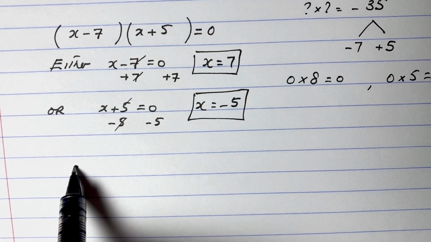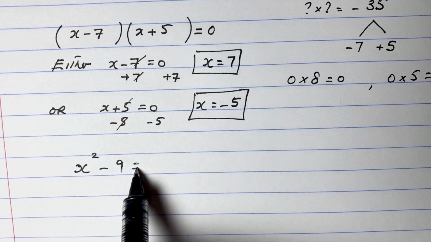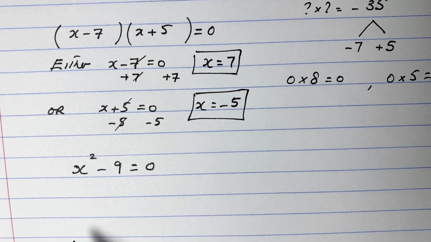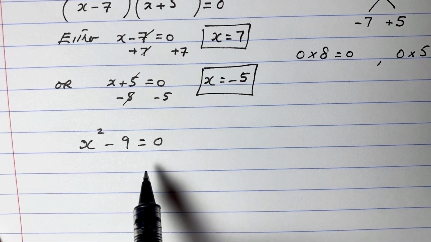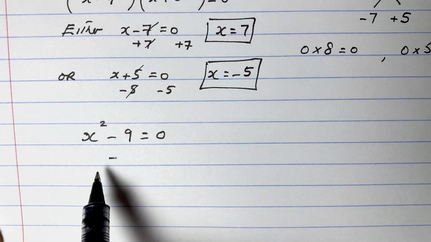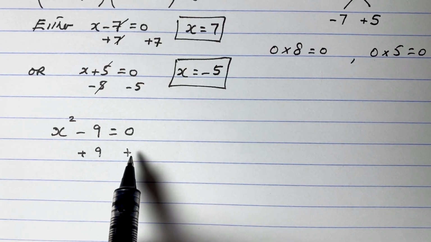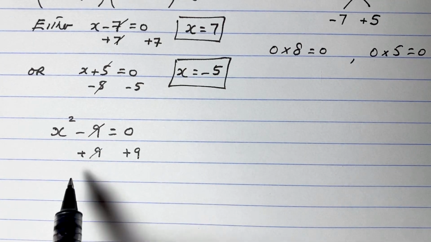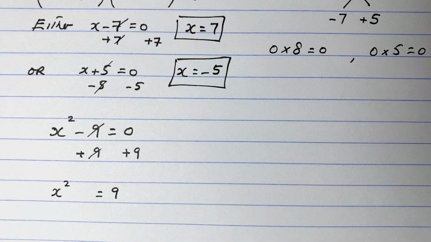Let's do another question. x squared minus 9 equals 0. We can do this without factorization actually. Method 1 is to add 9 to both sides. x squared equals plus 9, or 9.